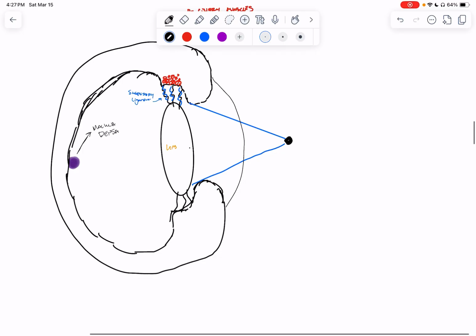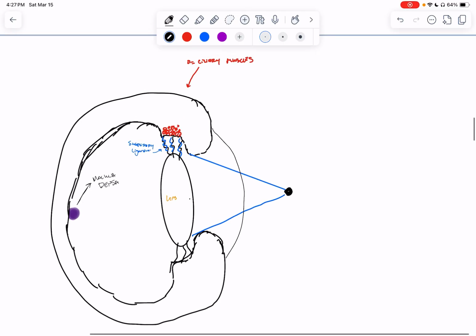But what we're going to see is as these ciliary muscles relax, they're going to straighten out, which is going to cause the lens to actually become more circular.